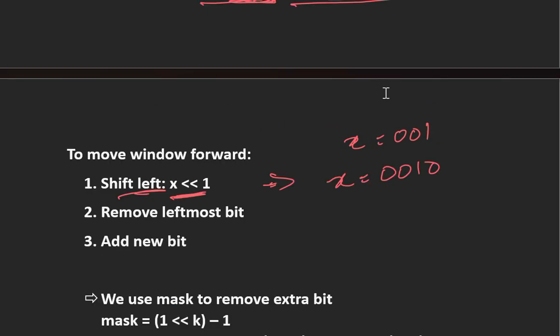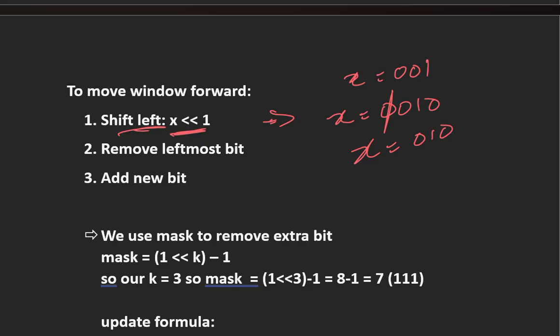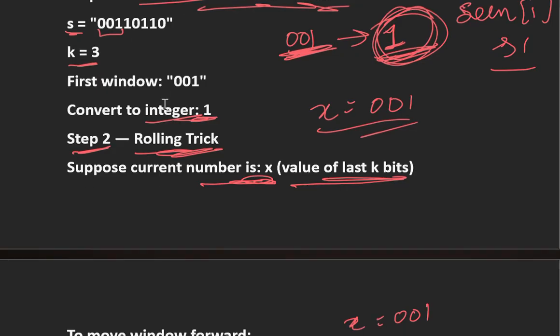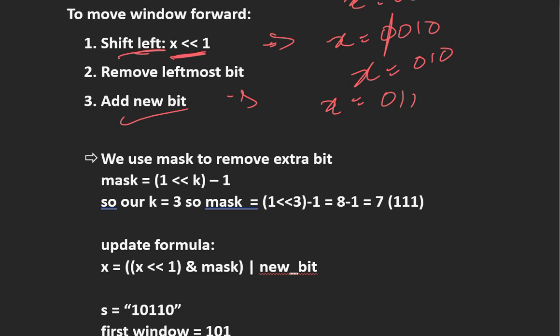Then we remove the leftmost bit, so if we remove this leftmost bit, our x becomes 010, and then we add the new bit. What is our new bit? The new bit is 1. So if we add the new bit to this x, it becomes 011. Is that the new window? Yes, 011 is the new window. So with this rolling trick we get our new window. First we shift x leftwards by 1 bit, then remove the leftmost bit, and then add the new bit.